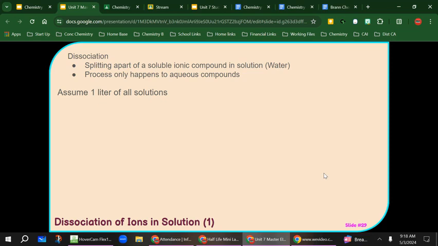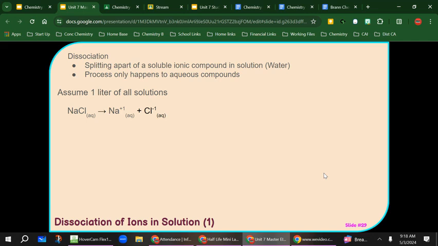Okay. So for this next problem, we're going to assume 1 liter for all solutions because if it doesn't give us an amount, we can assume that there is 1 liter, because as long as we assume the same amount for everything, we are fine. So sodium chloride is aqueous. What that means is that it will break apart into sodium ions and chlorine ions in water.